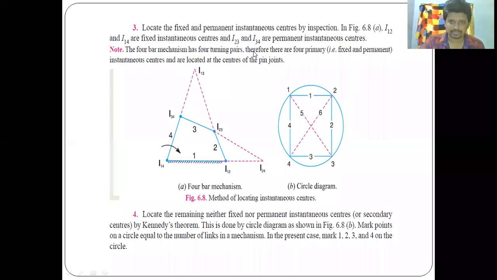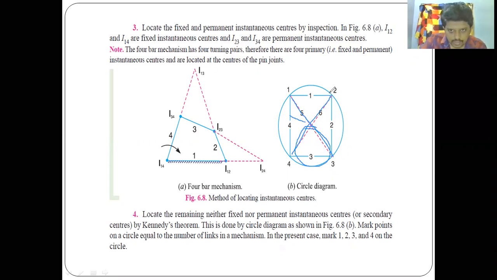If you see, if you join these two and these two, you can see we have two identical triangles in the circular diagram. So we should join two links in a form that we get two identical triangles there. So by this we are clear that the other two centers, which are neither permanent nor fixed, are I13 and I24.